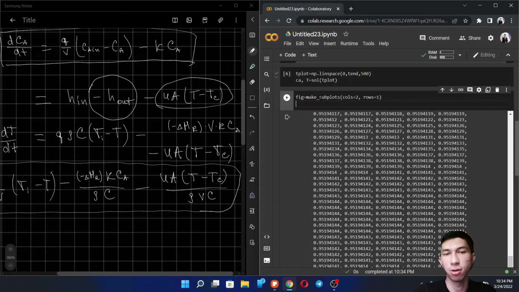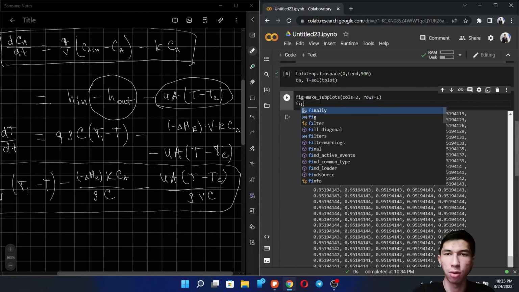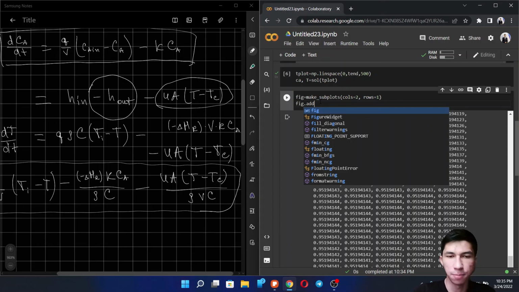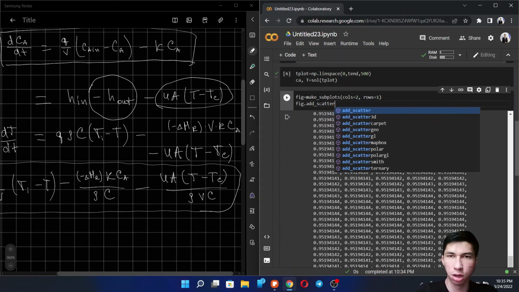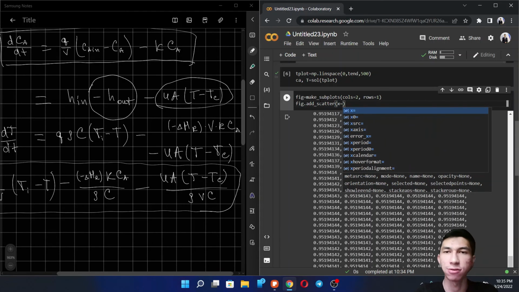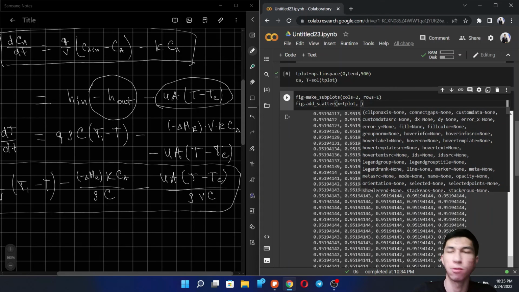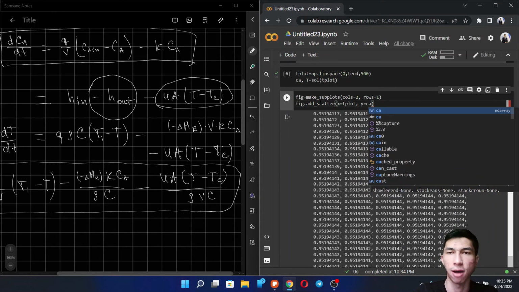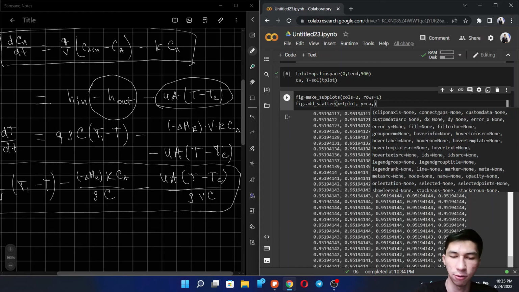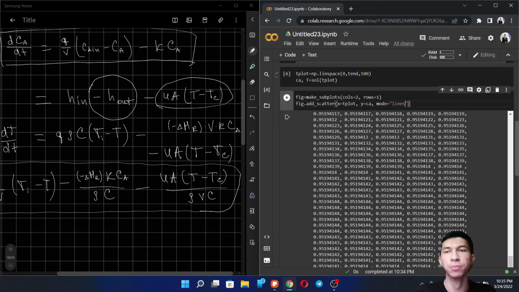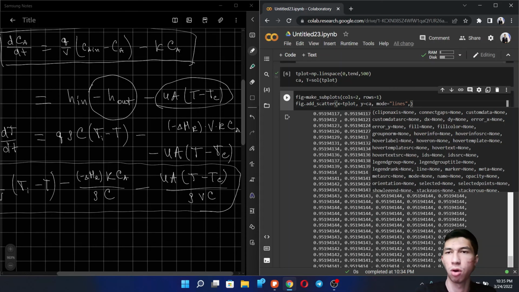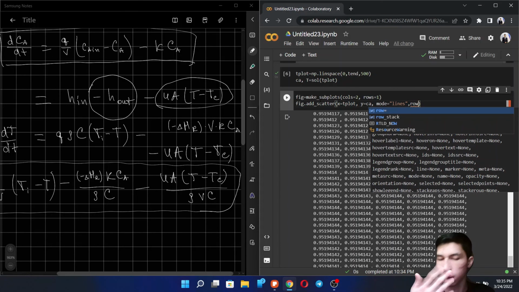Okay, so we created our figure, so let's just use our scatter plot, add scatter, to actually plot it. Okay, so for our x values, it's going to be t for plotting purposes, right? And for our y values, let's just have our first to be the concentration of A. And for mode, we're going to have lines. And so we should define a coordinate for this.